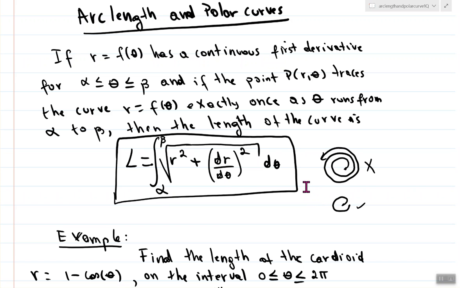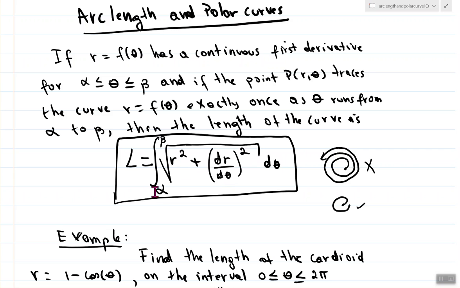So in that case, to find the arc length, how long is that curve that is given as a function of theta in polar coordinates, we use this formula: L equals the integral from alpha to beta of the square root of r squared plus dr d theta squared, d theta.